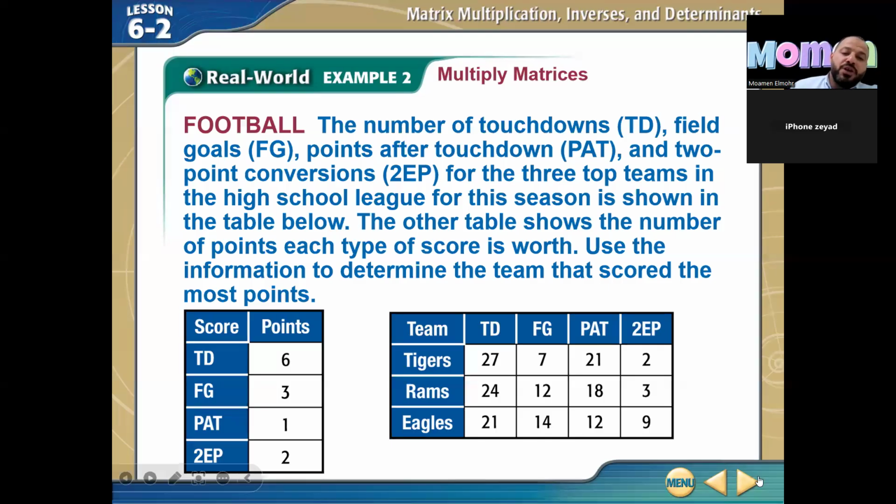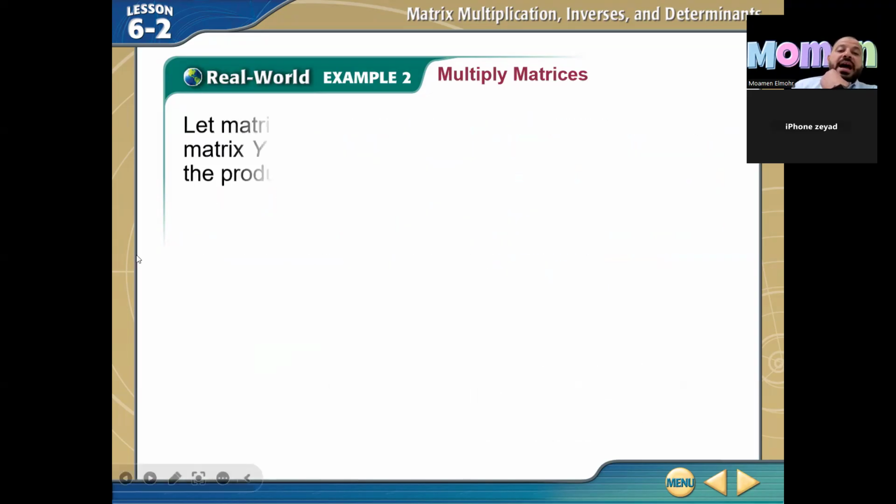As you see, we have two tables. The first table gives the scores of the Tigers, the Rams, and the Eagles. The second gives the points. So pay attention with me to the setup. To multiply, we make a matrix from this data.